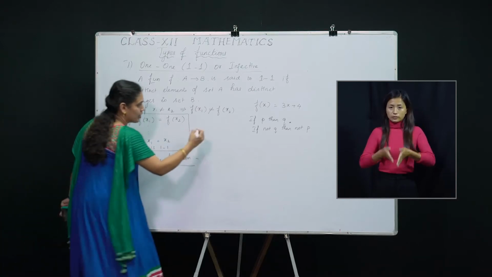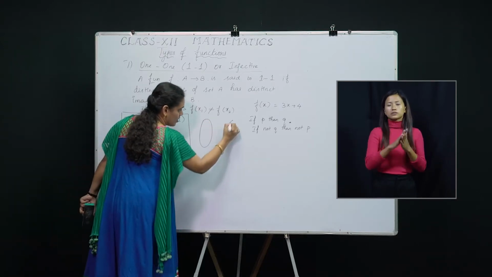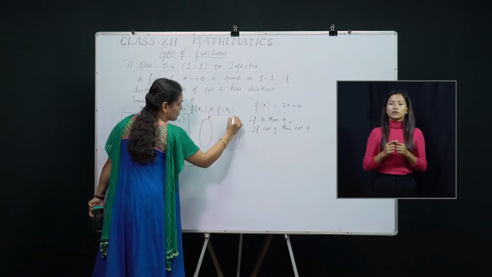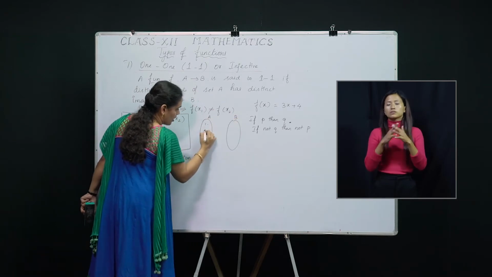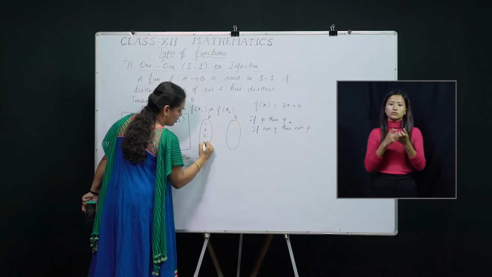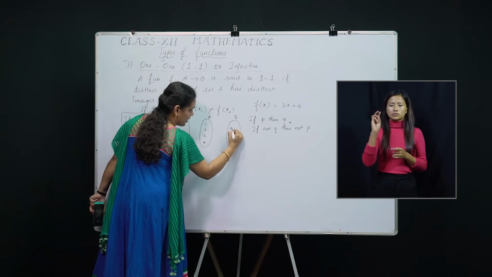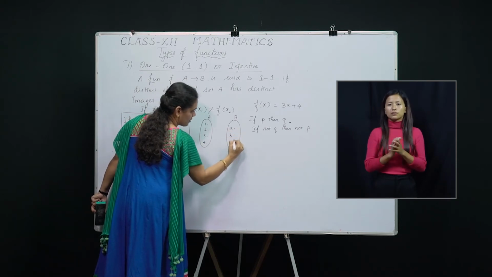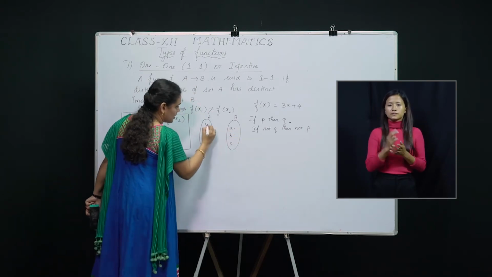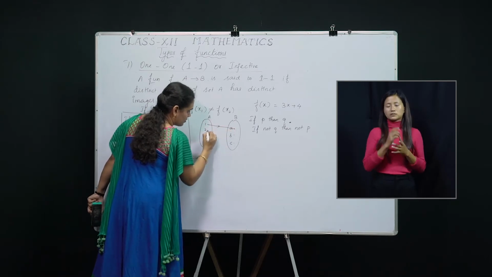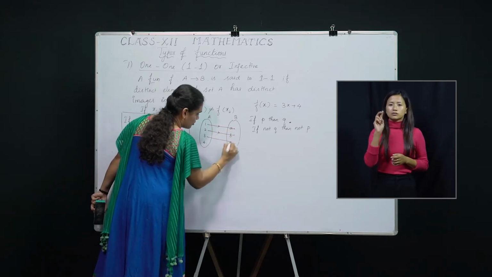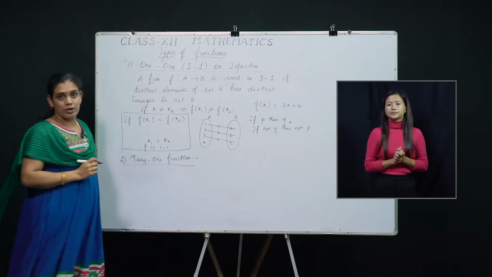Okay, let me show you an arrow diagram. Suppose set A has 1, 2, 3, 4 and set B has A, B, C. This is a 1 to 1 relation.